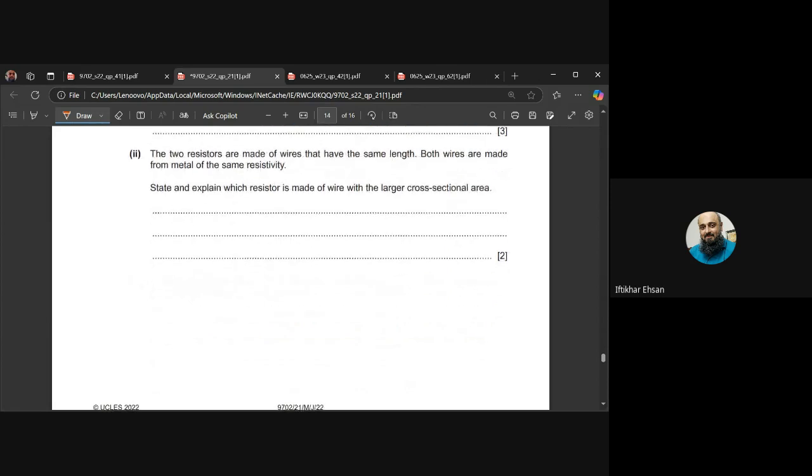Next. The two resistors are made up of wires that have the same length. Explain which resistor is made from the wire with larger cross section. So beta, the resistance is inversely proportional to area.